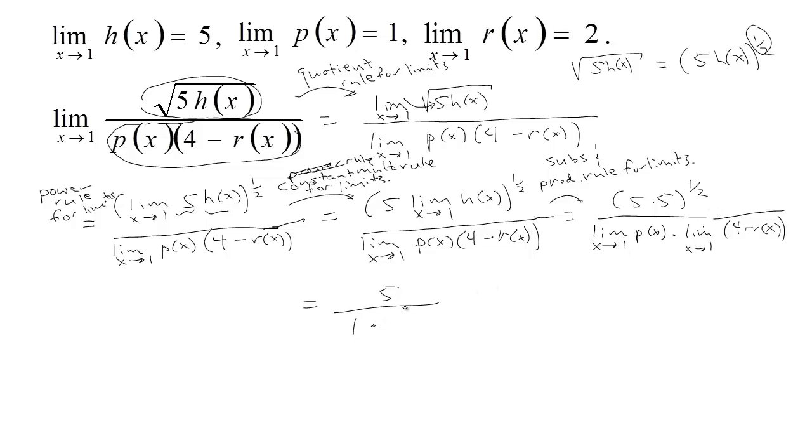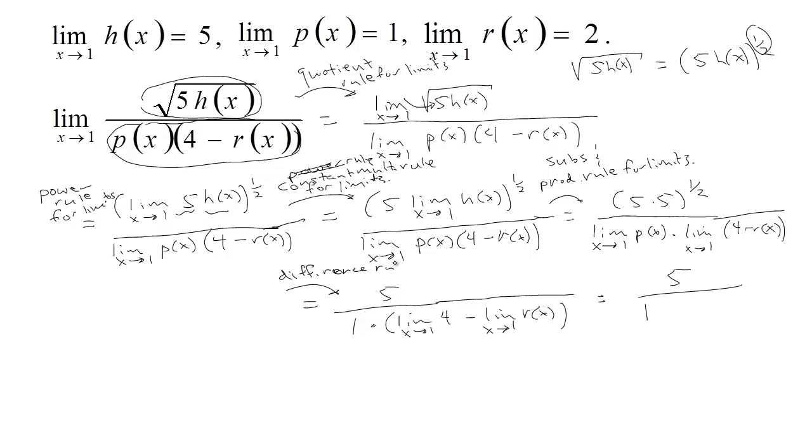And then this last one, that's the limit of a difference. We have the limit as x tends to 1 of 4 minus the limit as x tends to 1 of r of x. So we have 5 over 1. What we've done here is to use the difference rule and a little substitution, because we knew what the limit of p of x was.